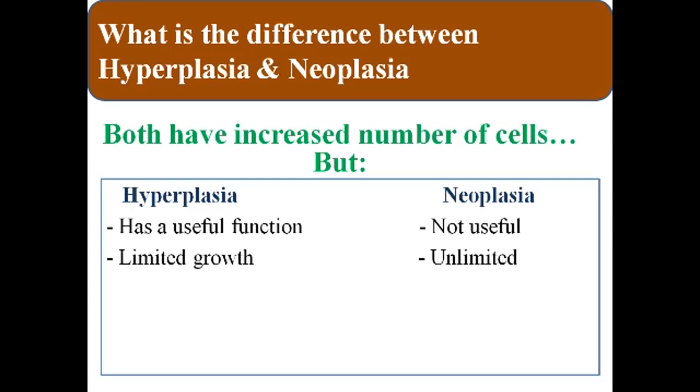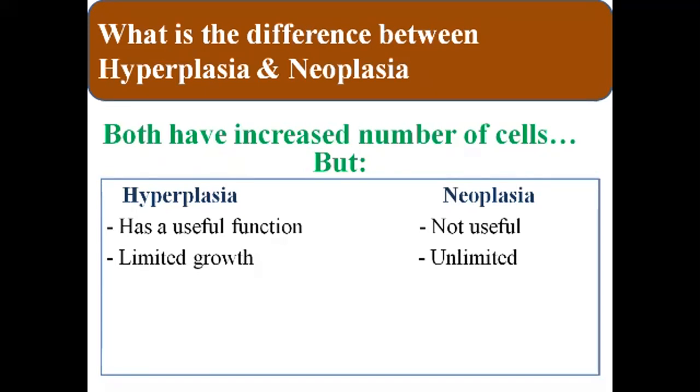So if the hyperplastic cells just reach a level that can maintain its function in this changed environment, they stop growth. That's why we call hyperplasia a limited growth.